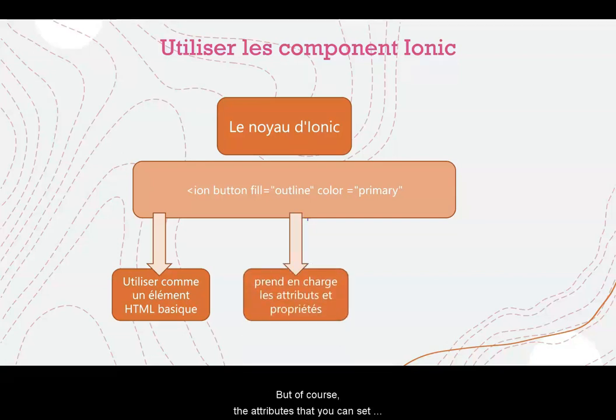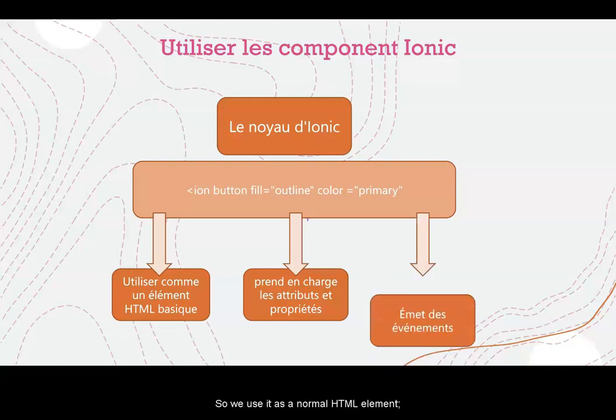But of course, the attributes and properties that you can set on this button also depend on the web component that you are using. Everything you can set here, like fill, which defines the button style, are settings that you can configure, and the official documentation is the perfect place to find out what attributes and properties you can set on these web components.